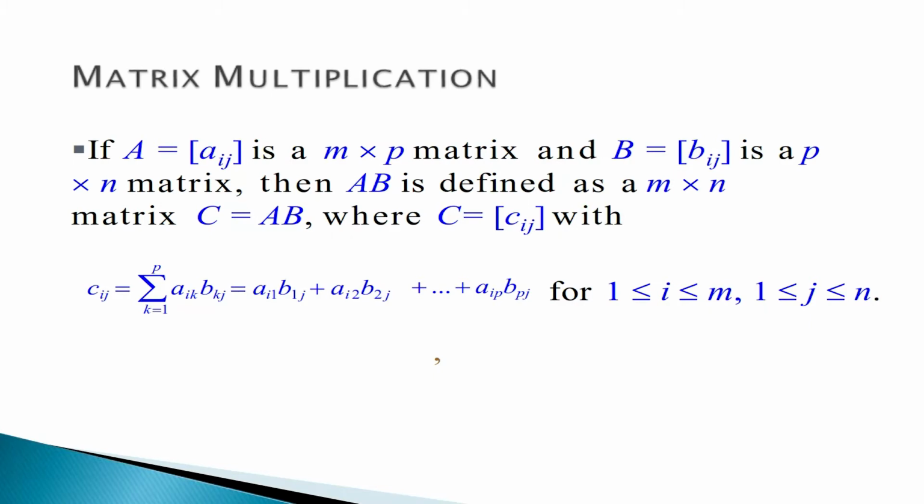If A is a matrix of order m cross p whose elements are in the form of A i j, and B is a matrix of order p cross n whose elements are in the form of B i j, then AB is defined as a matrix of order m cross n whose elements are in the form of C i j, where C i j is equal to the summation of k varying from 1 to p of A i k B k j, where i is less than or equal to m and greater than or equal to 1, and j is less than or equal to n and greater than or equal to 1.